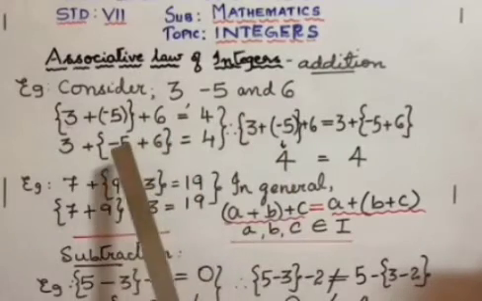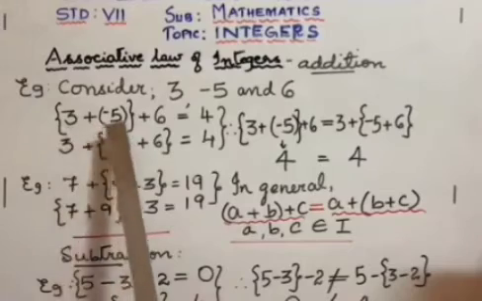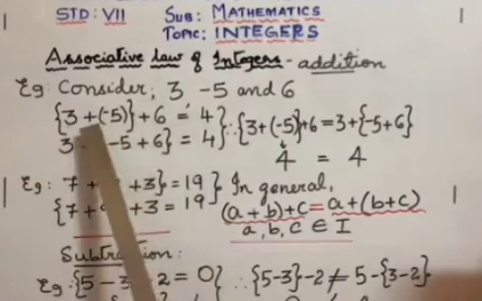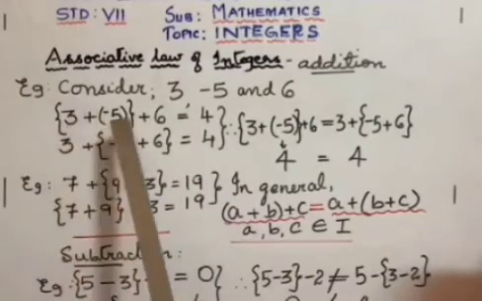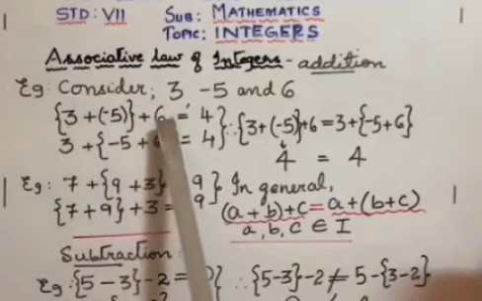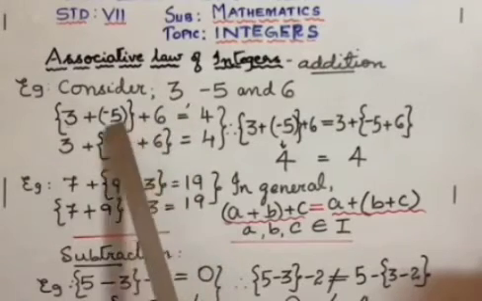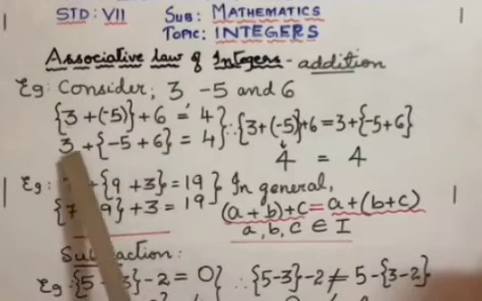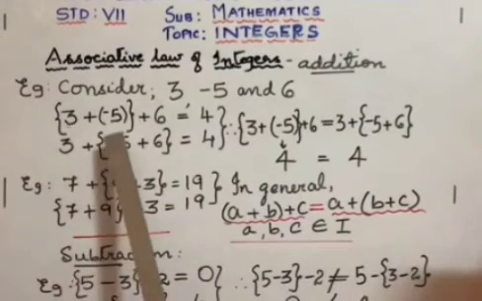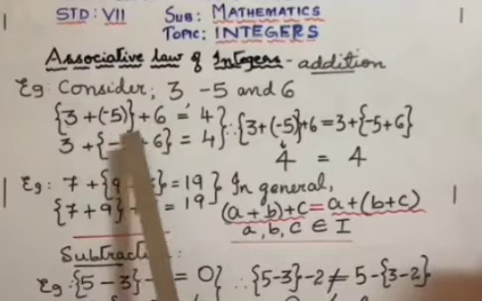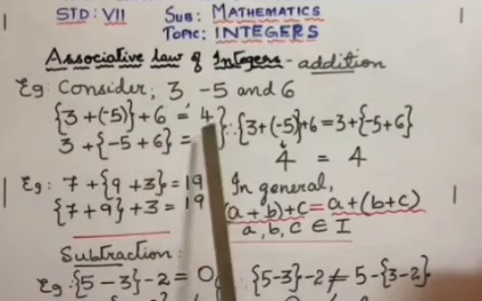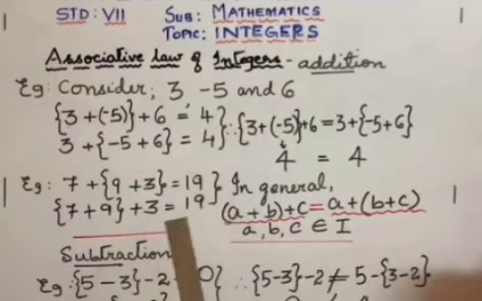In associative property, we have changed the grouping. First I have grouped two integers and the third integer is written separately. The same integers, I have grouped differently: 3 is now out of the brackets, and I have grouped -5 and 6. Still, the answer is the same.